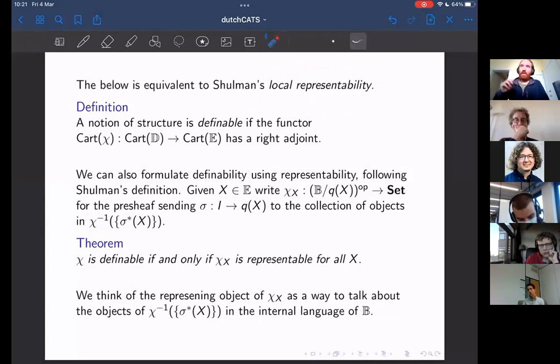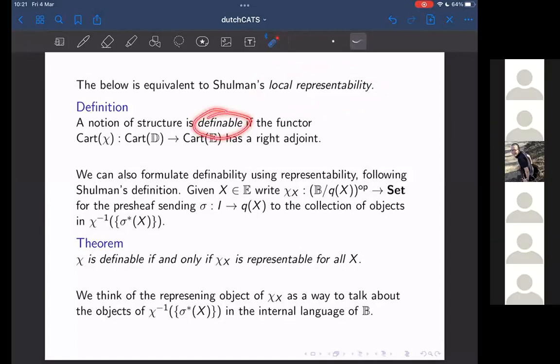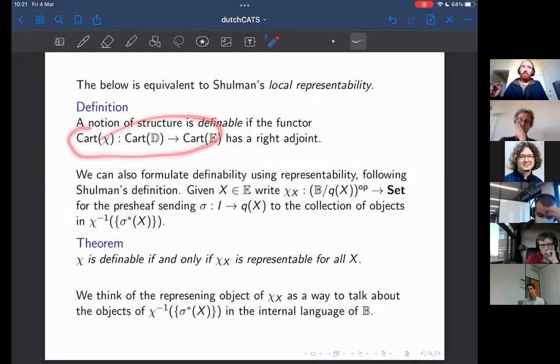I see this as a generalization of a definition by Benabou, in the same spirit as Benabou's definition. So I'm going to refer to this as definable, and a notion of structure is definable just if this restriction to Cartesian maps has a right adjoint.